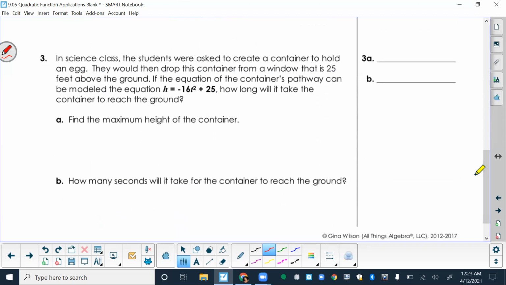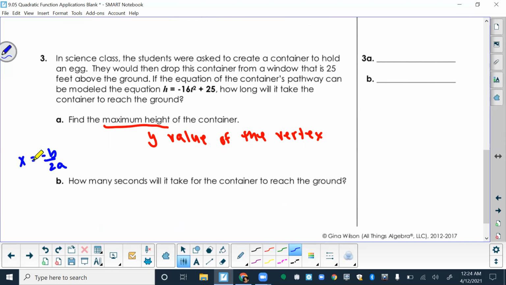Maximum height of the container. We're looking for the y value of the vertex. How do I find the vertex again? I can use my axis of symmetry equation, figure out what x is, and then plug in x into the equation and solve for y.